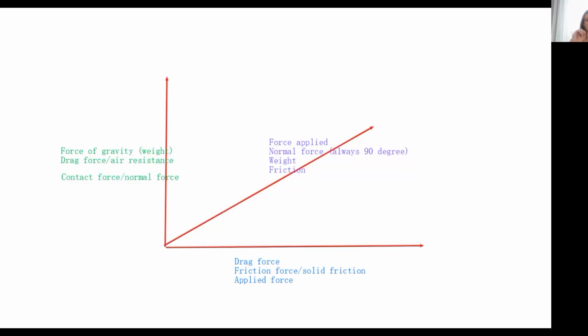And this friction can be air resistance or it can be solid friction. It's usually solid friction as well. So friction in this case will be solid friction and also air resistance, depending on your question. So as you can see, this breaks down the different forces that you have to put in your forces diagram. And that is something we're going to practice next.